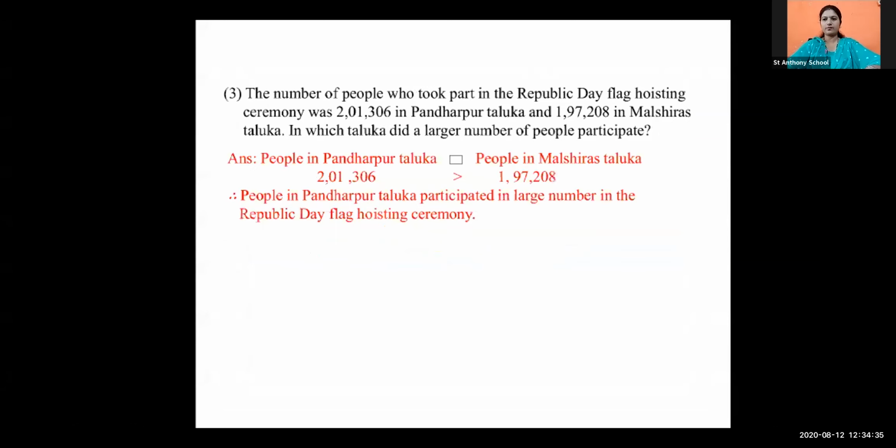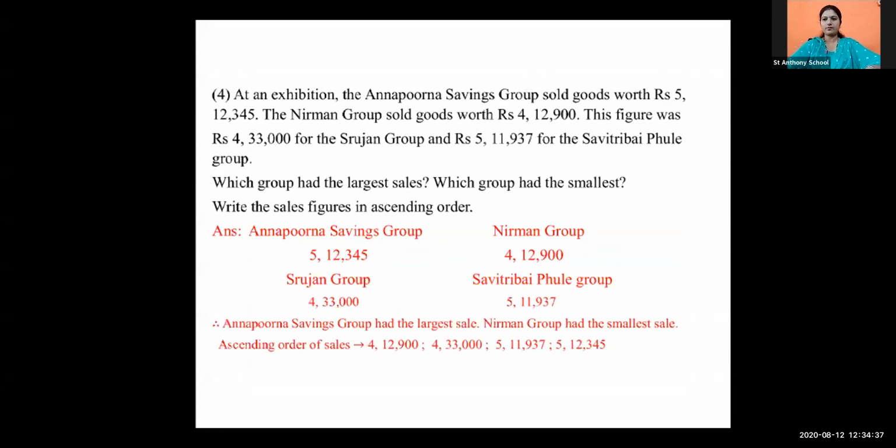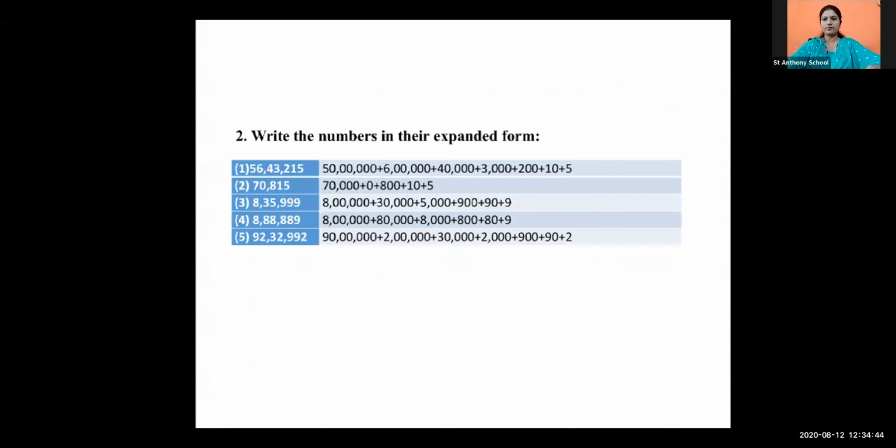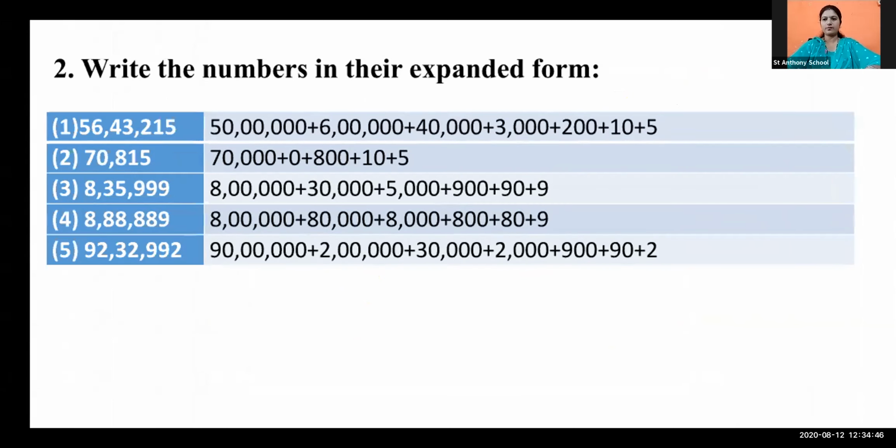Okay, these 3 and 4. It is safe. If you have any doubt, you can ask me in the next lecture. Okay, and we are solving the second question. Write the numbers in their expanded form. Okay. I hope everyone know the expanded form. Correct? Now, the first one.